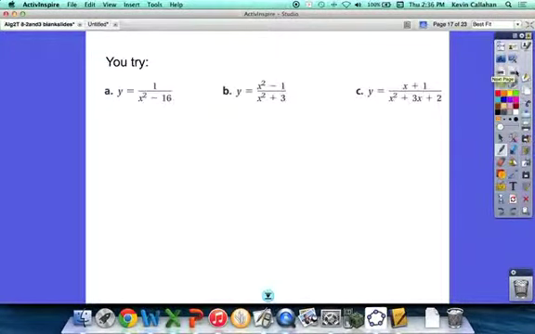Okay, let's see. Which is a good one? How about the first one? What are the vertical asymptotes? Remember, factor that in.